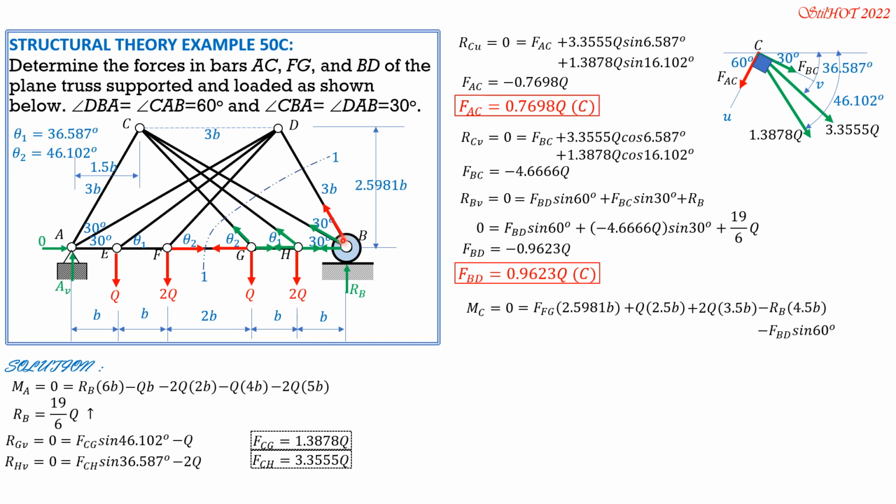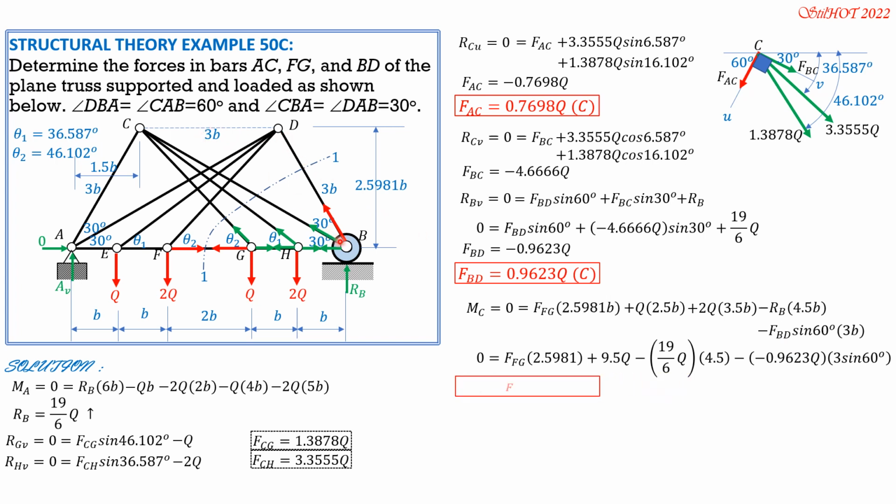So by principle of transmissibility of a force, take note, we sum up moment about C. Imagine that F_BD is moved at D. Then there are two components of F_BD, horizontal, which passes through C, so don't mind. Then the vertical, which is F_BD sine of 60, then the moment arm is 3b. So minus F_BD sine of 60, then moment arm is 3b.